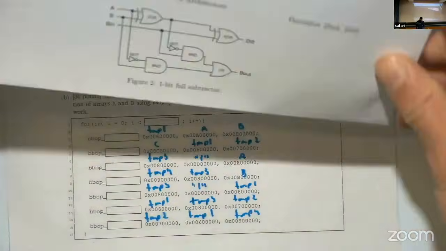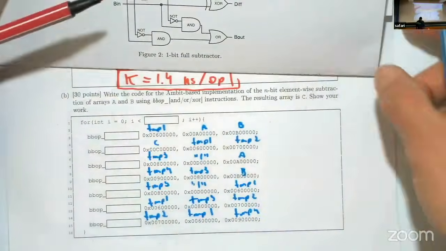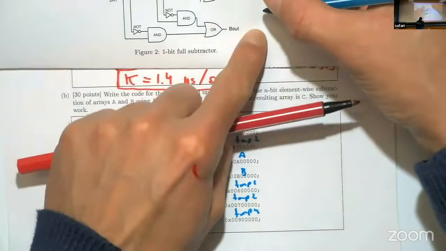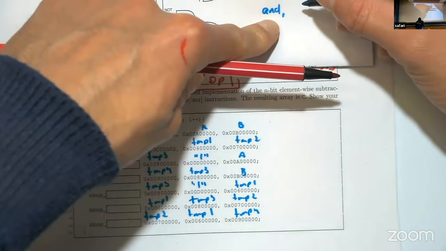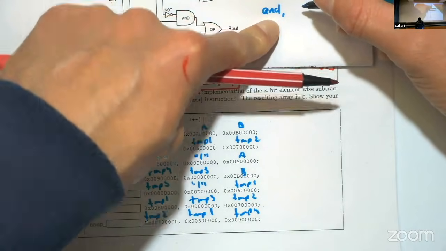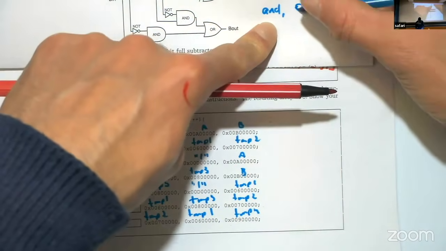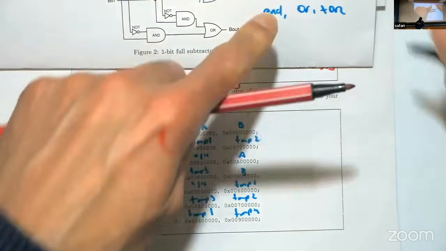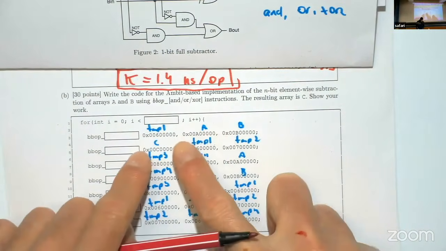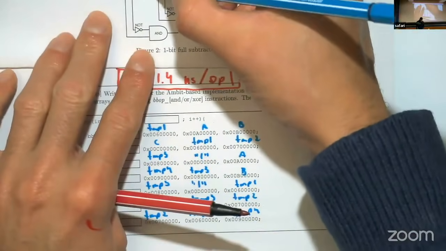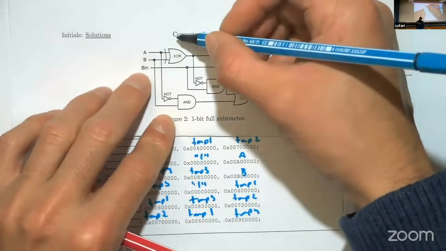So now you look here, and then you need to figure out if you're going to use an AND operation, or XOR. Okay, so here we have A and B, and giving output. So this is the first XOR node here, right?